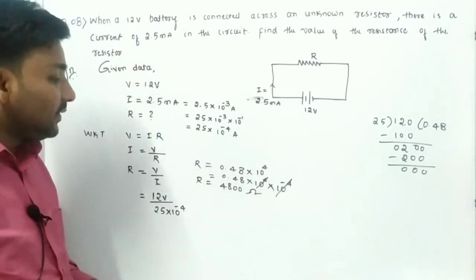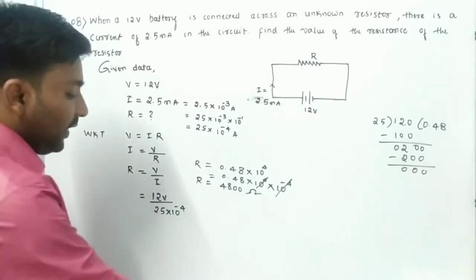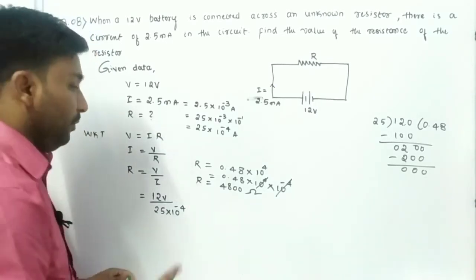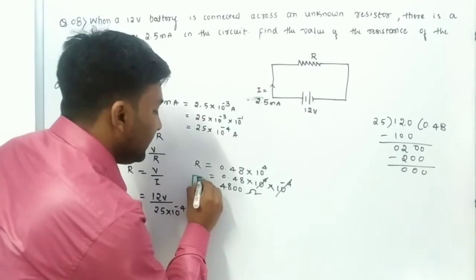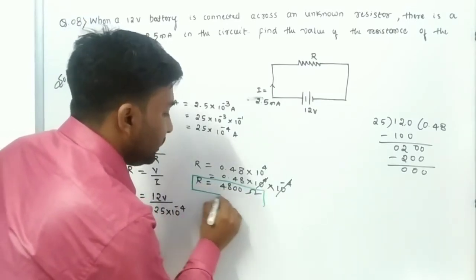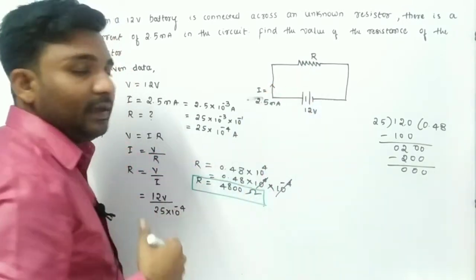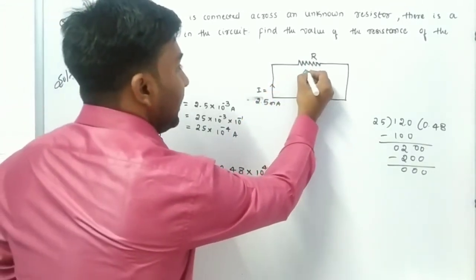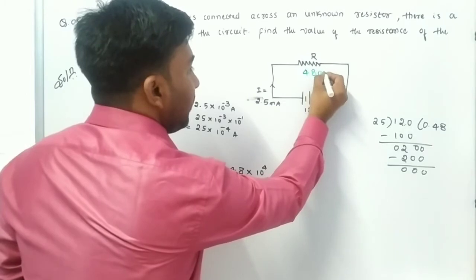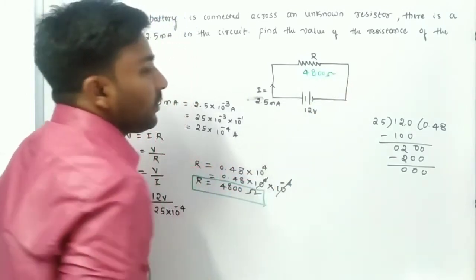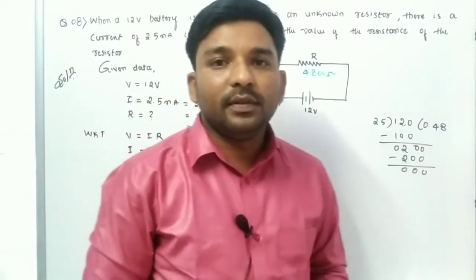I will get the answer, R is equal to 4800 ohm. So the resistance of the resistor in the circuit is 4800 ohm. Hence we have solved the problem.